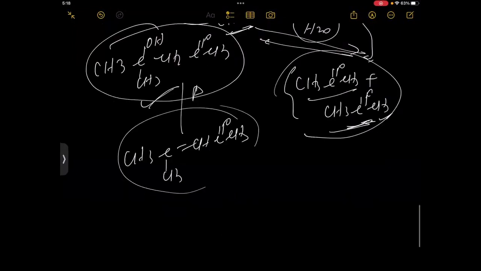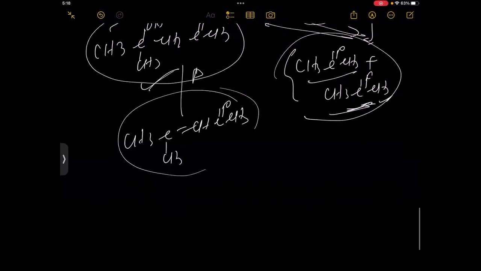Now, students, move on to cross aldol condensations. What happens in cross aldol?